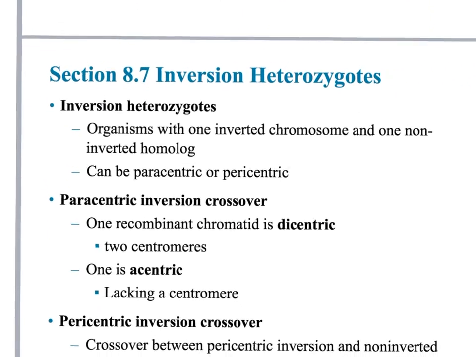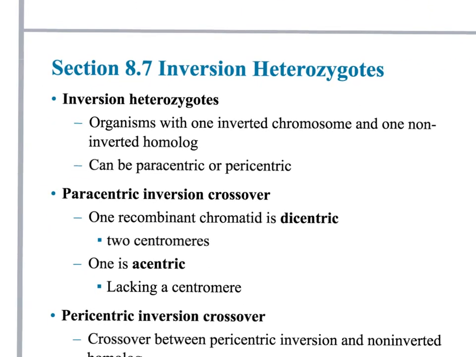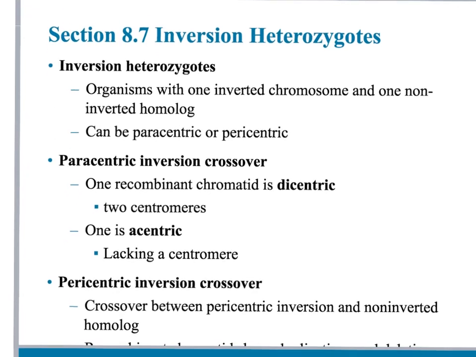And then inversion heterozygotes are organisms with one inverted chromosome and one non-inverted homolog. It could be paracentric or pericentric. If it's a pericentric inversion crossover, one recombinant chromatid is dicentric, meaning it has two centromeres, and the other is acentric, which means it has no centromere at all.